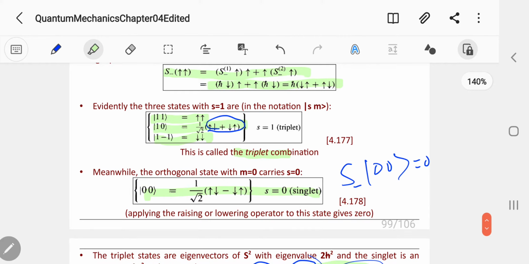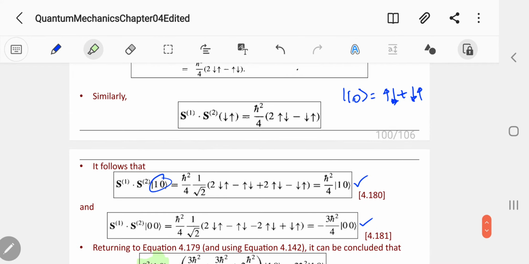Here, S1 M1 could be positive 1/2, so they add up here and here. And of course, they could also add up to 0 if their signs are negative.